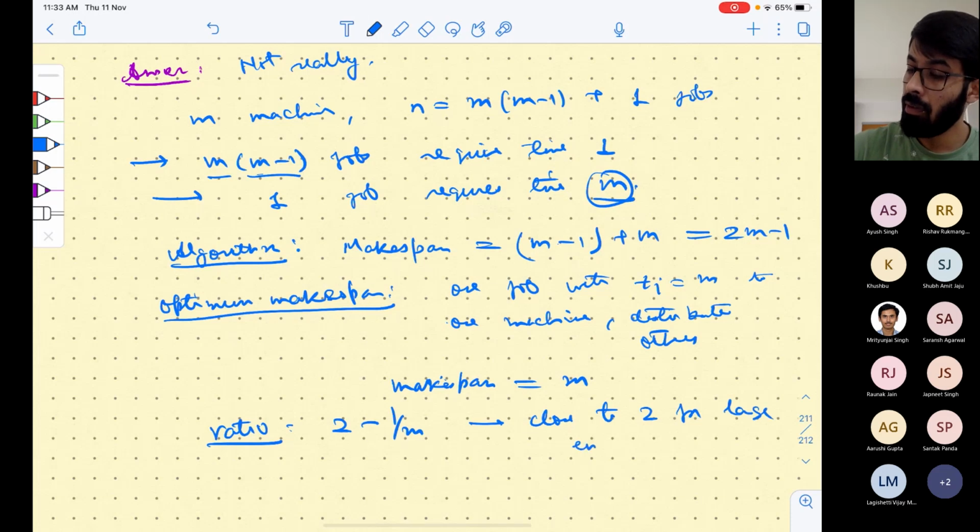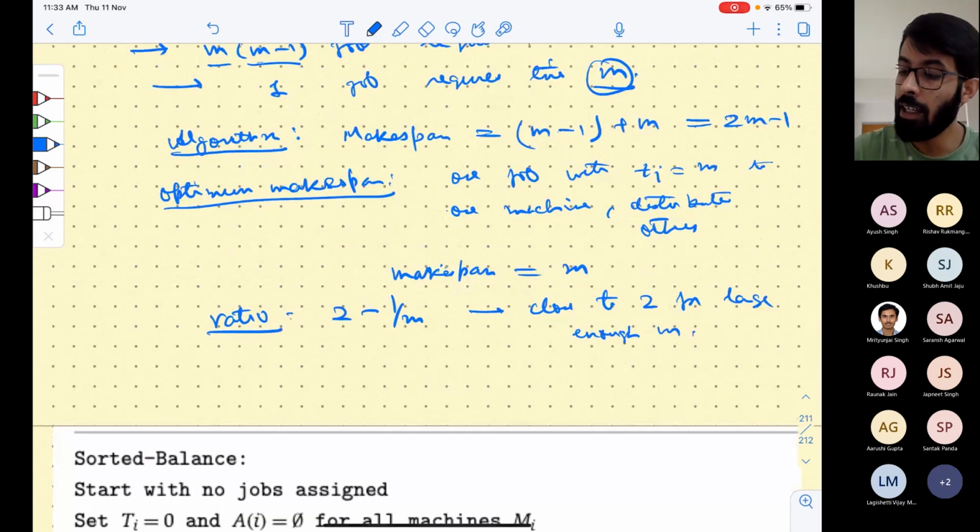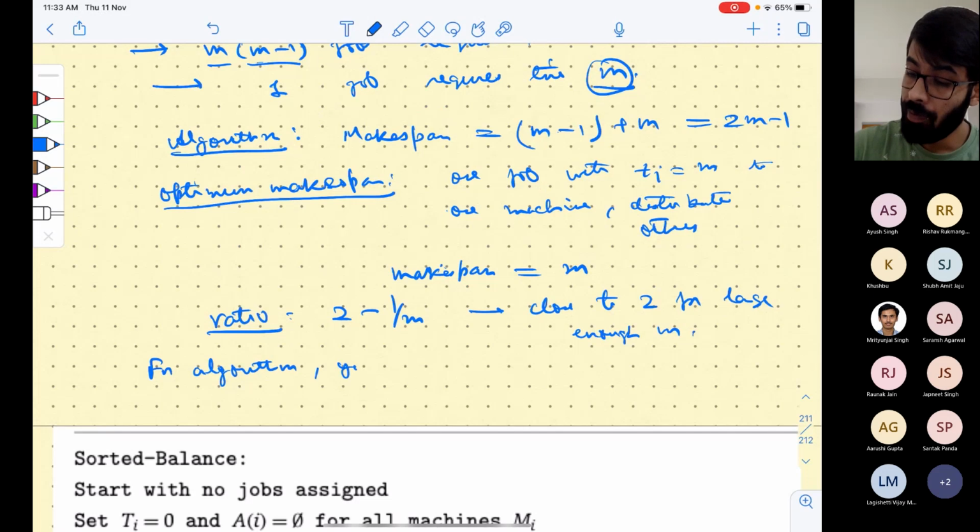You can keep increasing M to get arbitrarily close to 2. In fact, for the algorithm itself, like I was saying, there was a slight slack somewhere. So for the algorithm, you can actually show that T is less than or equal to (2 minus 1 over M) T star.